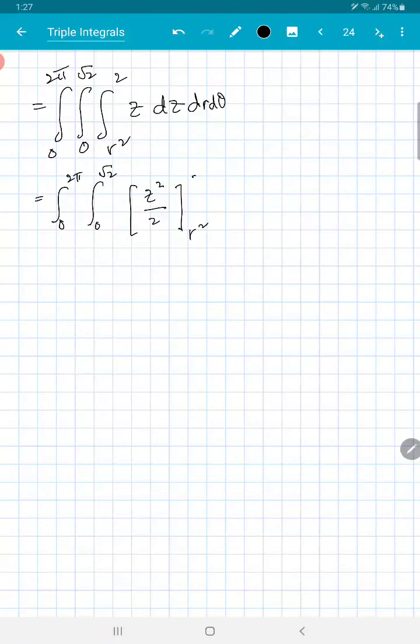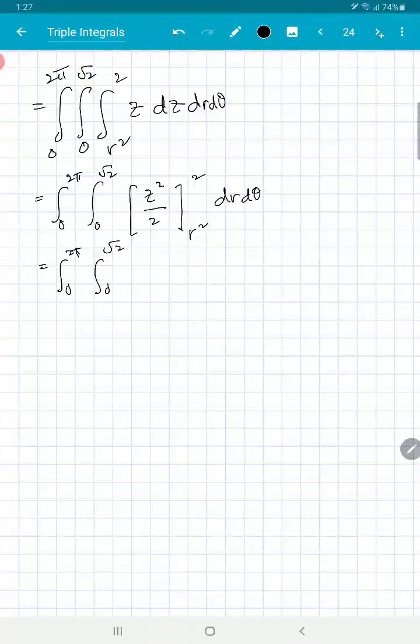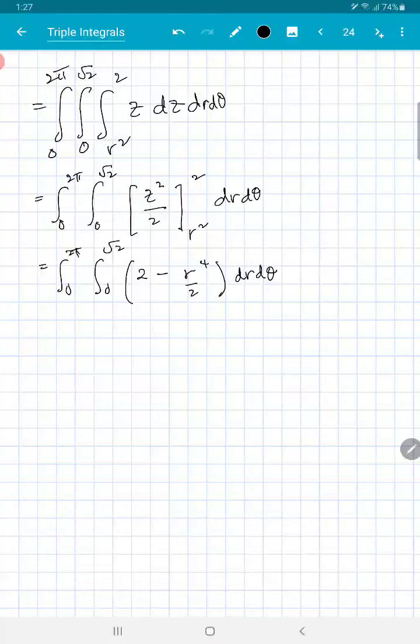Replace z with the upper and lower limits, r squared to 2. Here 2 squared is 4, 4 divided by 2 is 2, and replacing z with r squared, we get r to the power 4 over 2. Now we integrate this with respect to r and then theta.